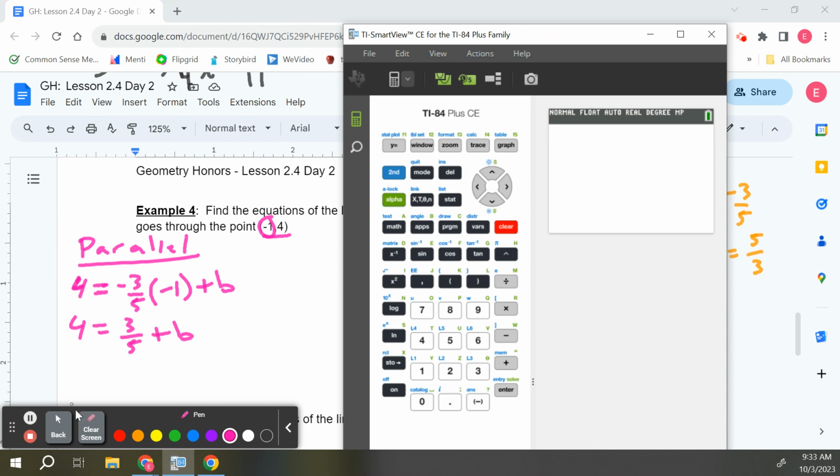All right, so what I'm going to do here is, remember, I'm going to subtract this from each side. So this will be 4 minus parentheses 3 over 5, okay? I hit enter and I get this decimal. Decimals are not going to be appropriate. You need fractions. So hit math, number 1 frac, and hit enter, and it will give you the fraction form back.